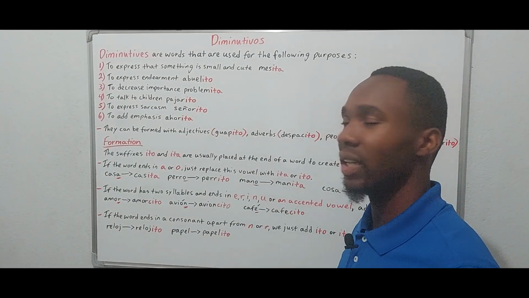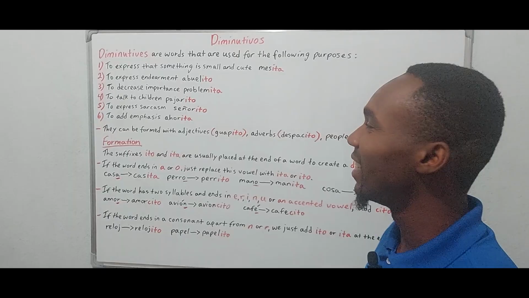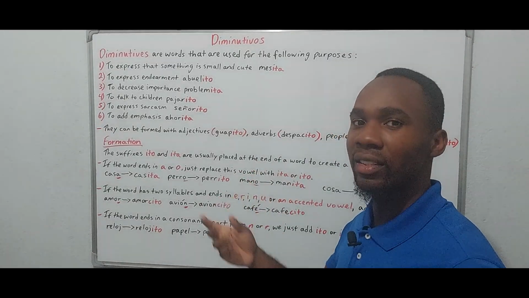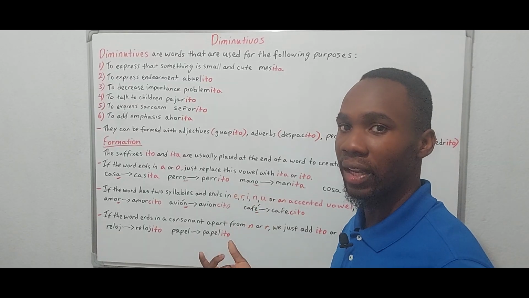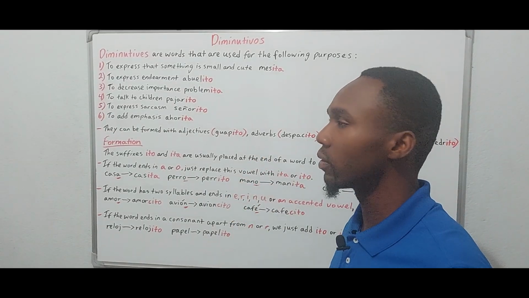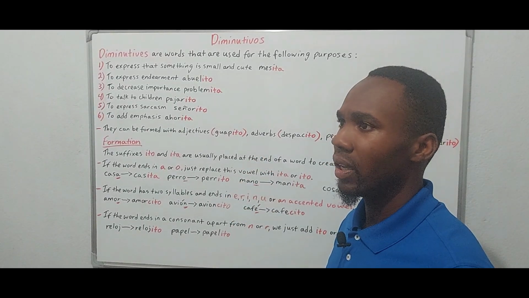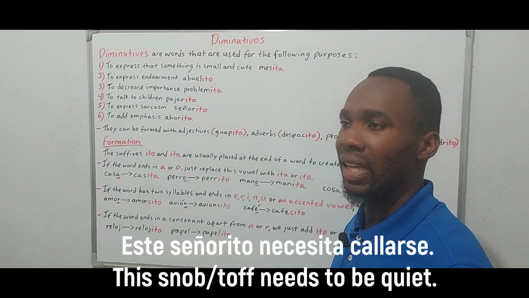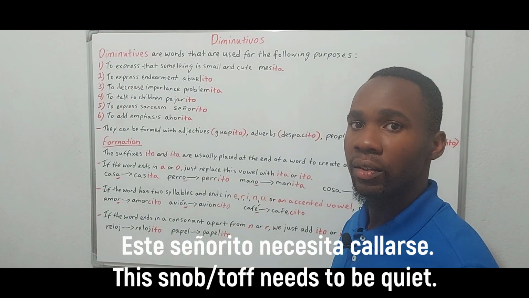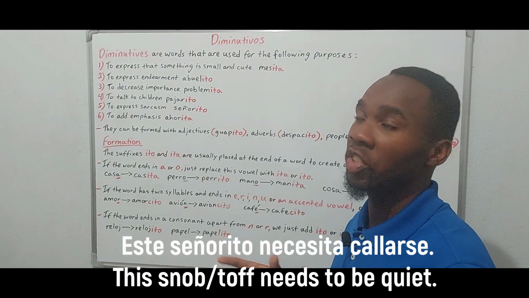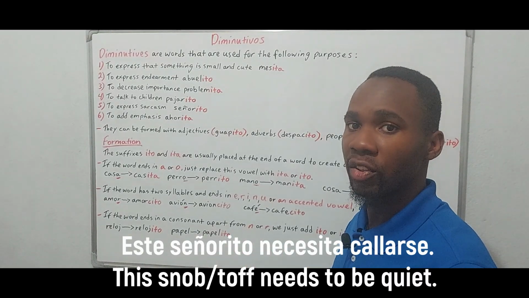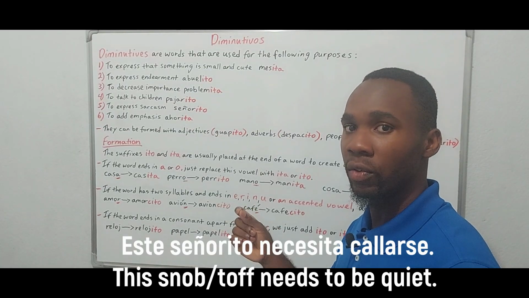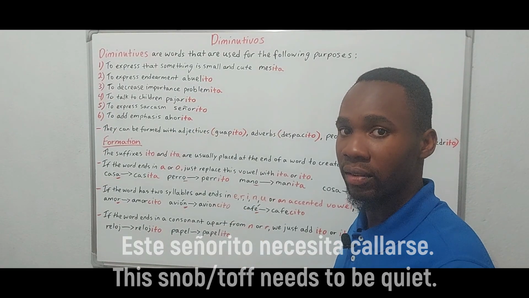So we can call him a señorito. So we can use it to express sarcasm or contempt. Let me give you a sentence. Este señorito necesita callarse. So this snob, we could translate it as snob. This snob needs to be quiet. Este señorito necesita callarse.